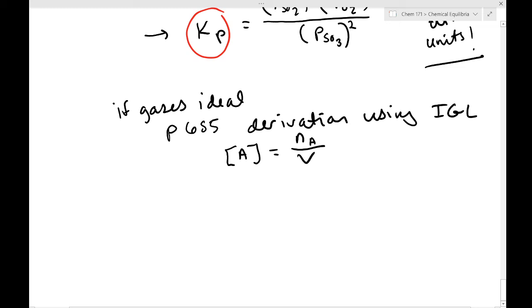I'm not going to get into this derivation at all, but if you're curious or want to know more, check out page 685. So if it's ideal, we can say that this is true.